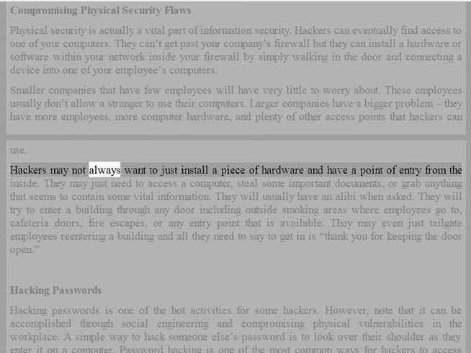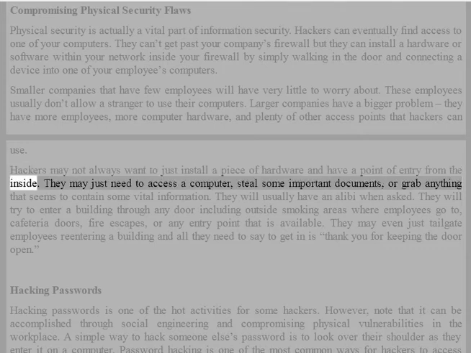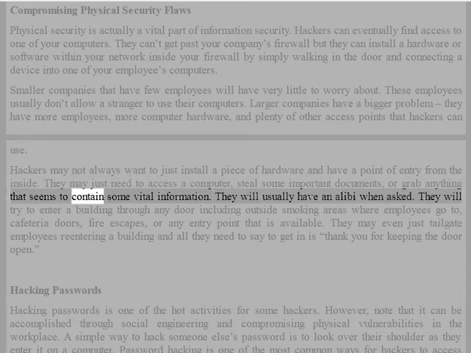Hackers may not always want to just install a piece of hardware and have a point of entry from the inside. They may just need to access a computer, steal some important documents, or grab anything that seems to contain some vital information. They will usually have an alibi when asked.